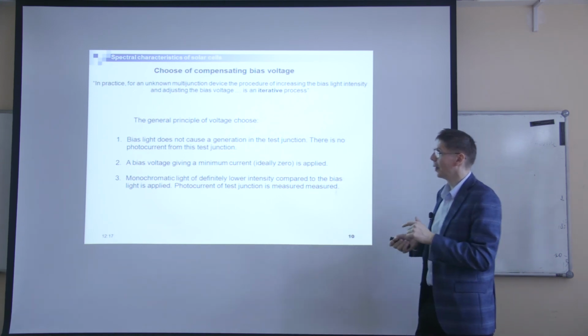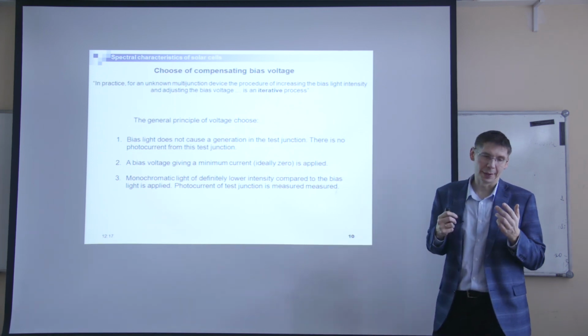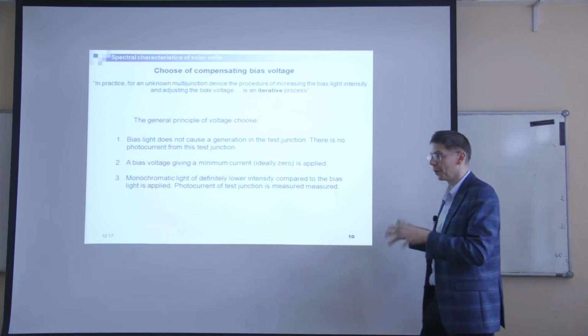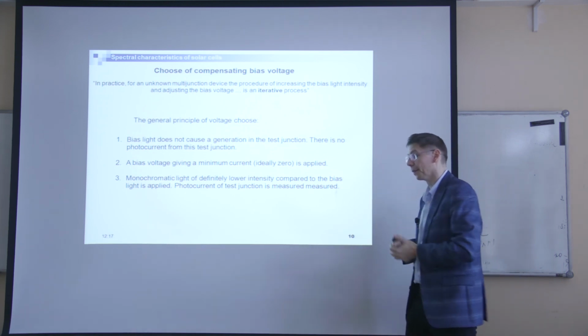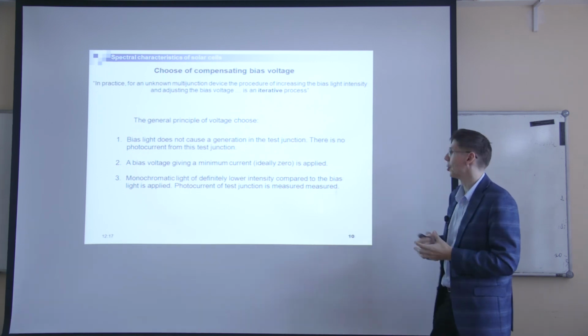So first of all, you have to be sure that the bias light doesn't generate current in the measured subcell junction.